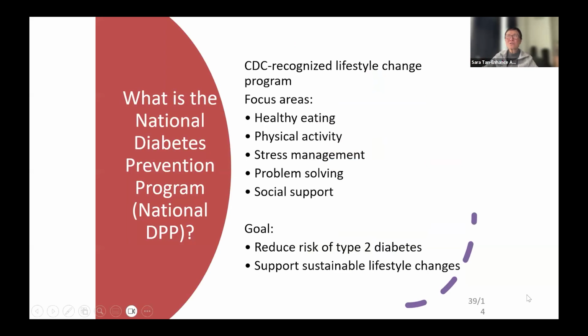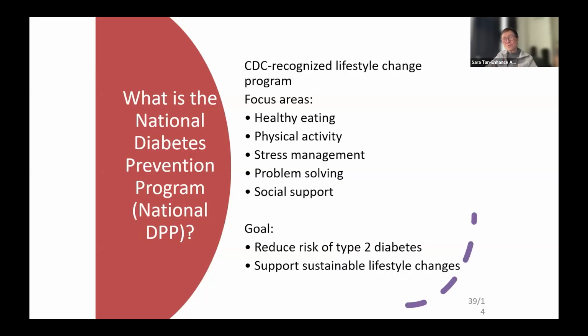So what is the National Diabetes Prevention Program, or DPP? It is a CDC recognized program that helps people reduce their risk of type 2 diabetes. The program itself focuses on healthy eating habits, physical activity, which we always stress, and stress management.